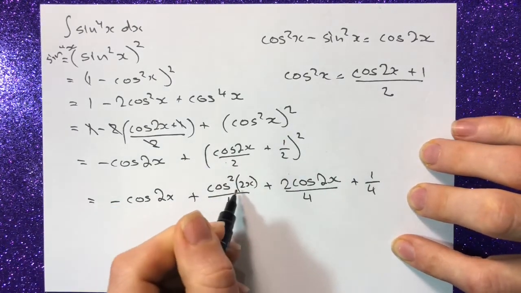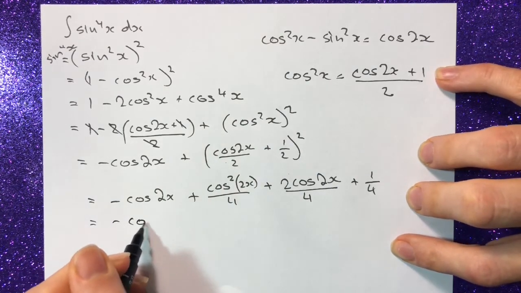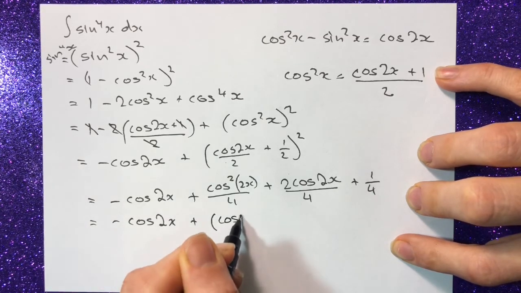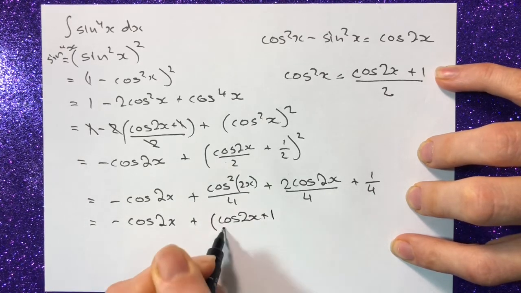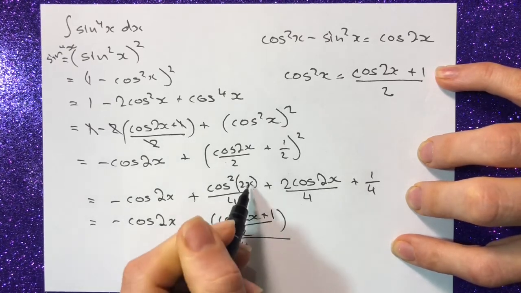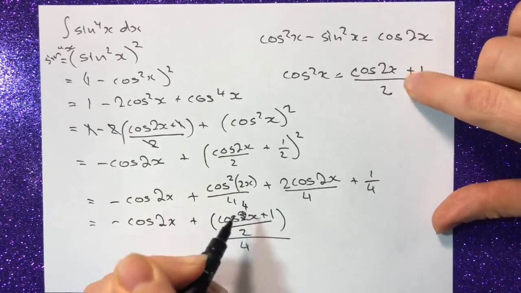And then this is the only cos squared x I've got. Again, I'm going to use this substitution. Except that I had a 2x here. So if I had a 2x, then double that would be 4x.